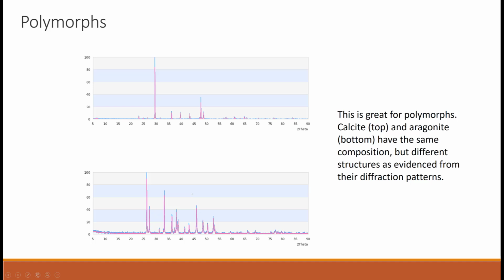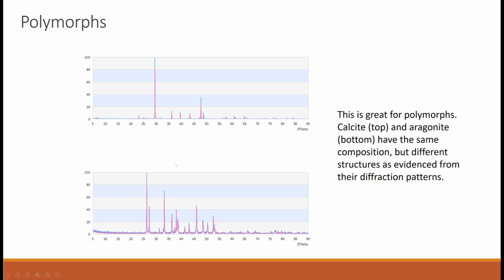There's 2 good news things from this. One is that I can tell calcite from aragonite by paying attention to this pattern. And the second is that we could actually understand these structures that make up these two different crystals based on the appearance of the peaks.